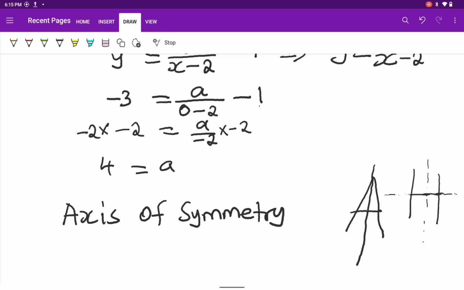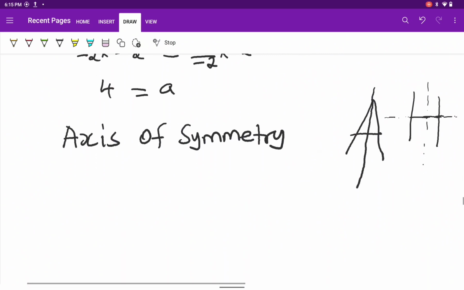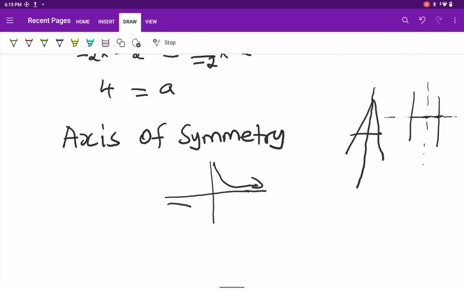Now with our graph, we want the equation of the axis of symmetry. Now if we have this function like this, remember these are the asymptotes, not necessarily the axis. So if we have this graph like this, we realize that to divide our graph into two equal parts, we can either divide it this way, so this part down there is the same as this part down there, or we can divide it this way.